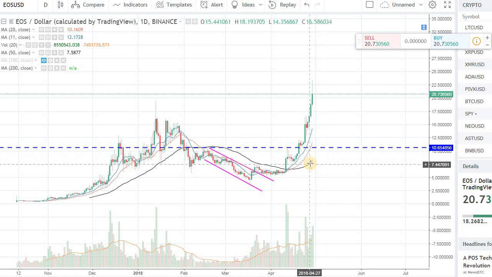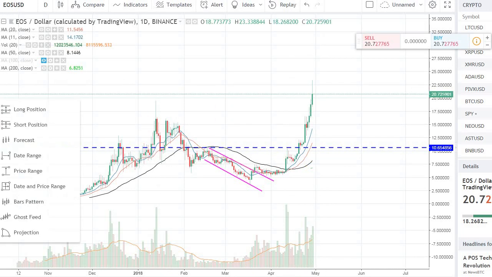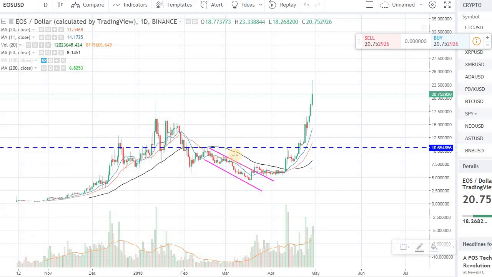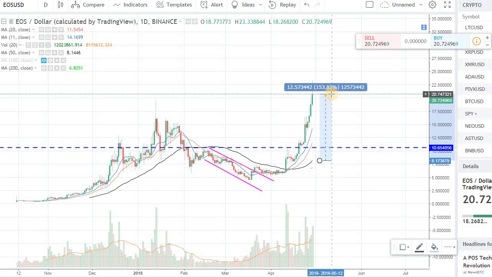If you see the 50-day moving average, which is this black line, the current price is about 153% above it, which is massive. It needs some room to digest, and the 50-day moving average needs to come up.